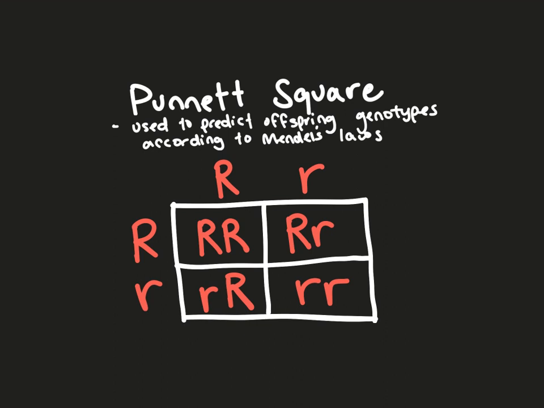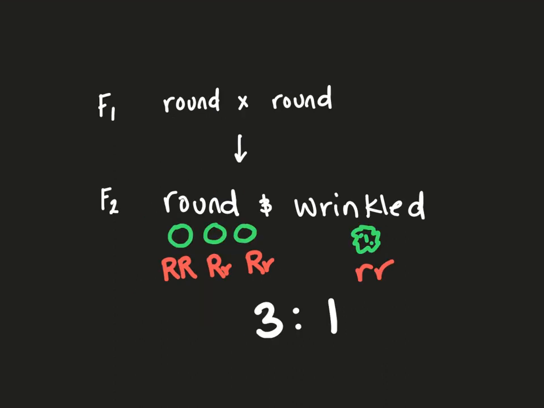To know what the phenotypes of the offspring resulting from this cross are, we have to know something about the relationship between the big R and little r allele, which allele is dominant to the other, if one is dominant to the other at all. And of course, we already know this dominance relationship from the parental cross, where in the F1 generation we saw all-round offspring.